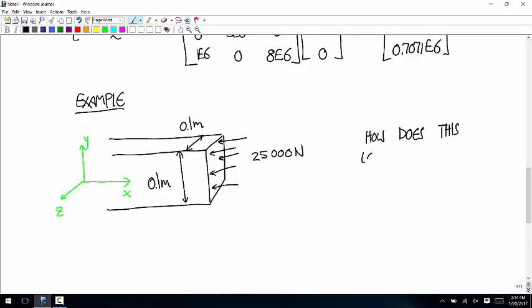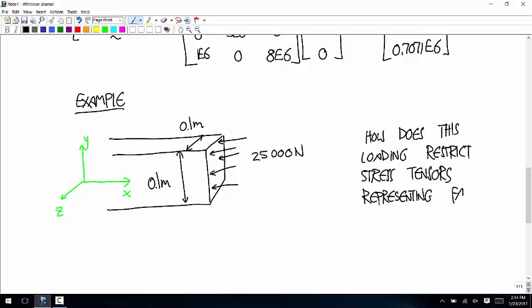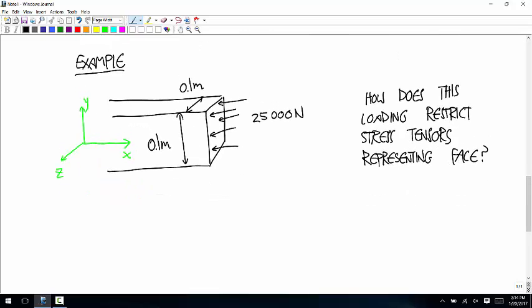So how does this loading restrict stress tensors representing that face? Well, that force, the total force vector, that 25,000 newton force is acting in the negative x direction.